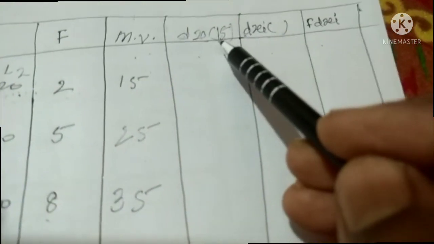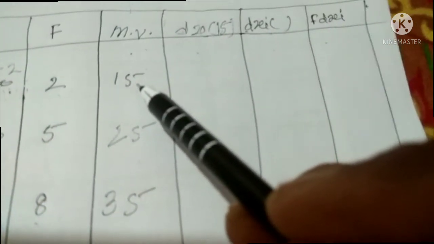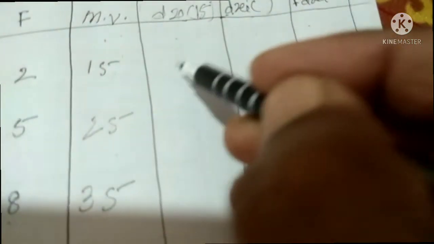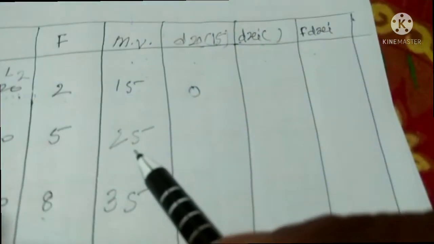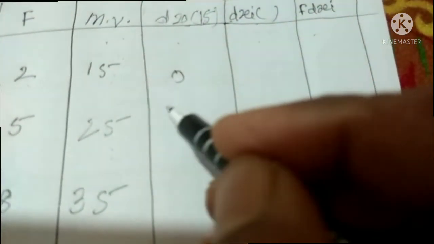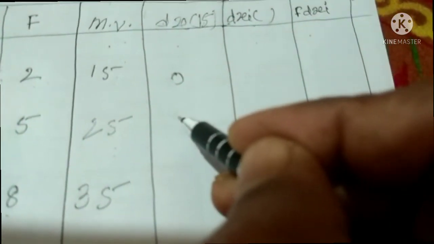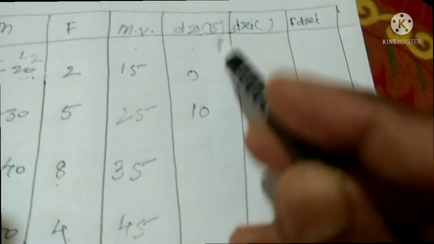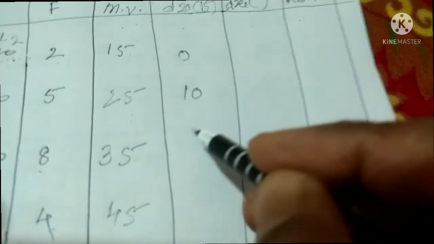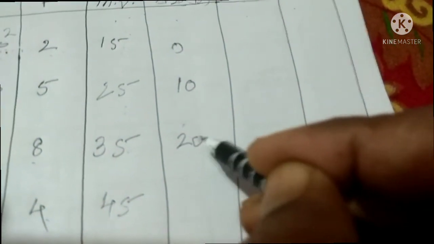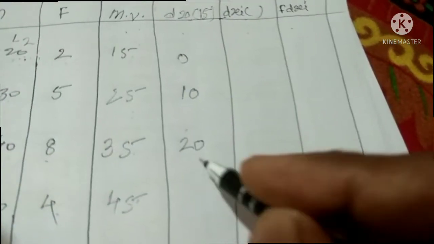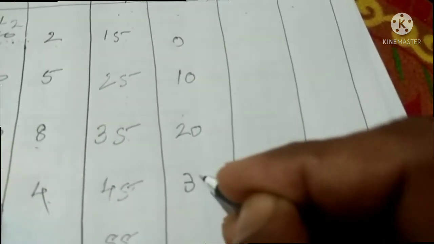These 15 must be subtracted from each figure of the MV series. 15 minus 15, 0. 25 minus 15, 10. 35 minus 15, so what remains? 20. 45 minus 15, then the remainder is 30.